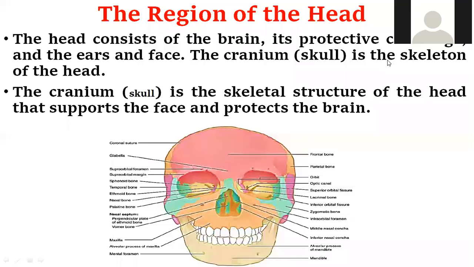When you talk about the abdominal regions, you think about the right hypochondriac region, and you have the left hypochondriac region. Then you have the lumbar region, and the umbilical region. Then you have the iliac region.